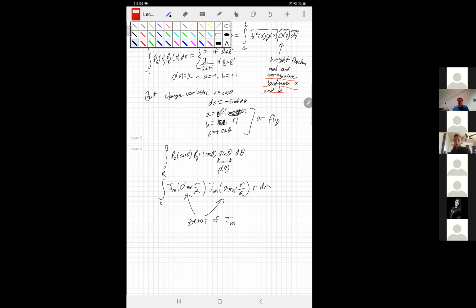So if little r equals big R, then our input to this Bessel function is 1 times alpha, whichever alpha it may be. Okay?